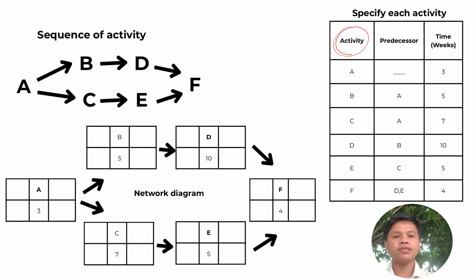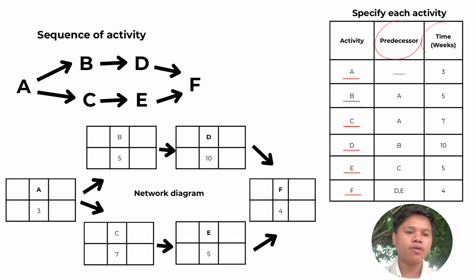To further understand, we have an example. We have 6 activities: A, B, C, D, E, and F, with their predecessors and time in weeks. The predecessor of A is none, and the time needed is 3 weeks. The predecessor of B is A, and the time needed is 5 weeks. The predecessor of C is A, and the time needed is 7.